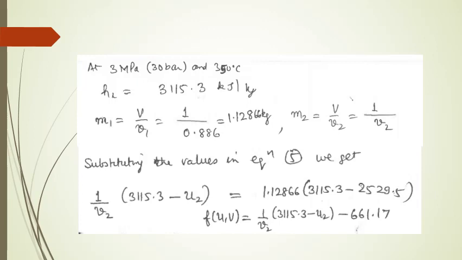M2 is obtained by dividing the volume of tank, that is 1 meter cube, by specific volume at state 2, that is V2. Now substituting these values in equation number 5, we get an expression in which we are having two variables. So we write that expression and name it as FUV, as U and V are the variables.